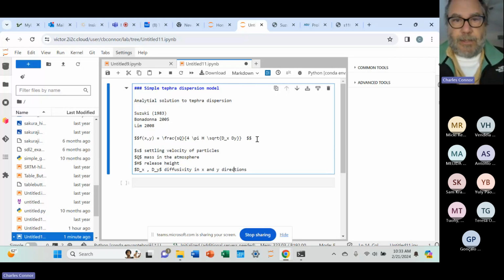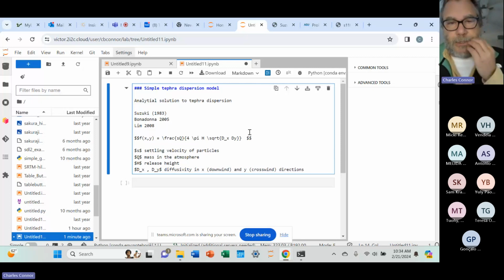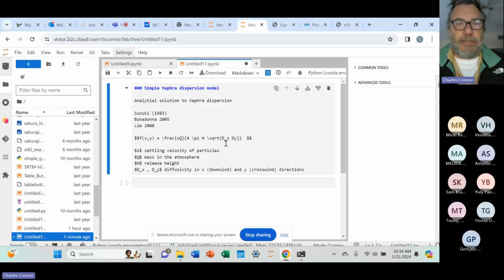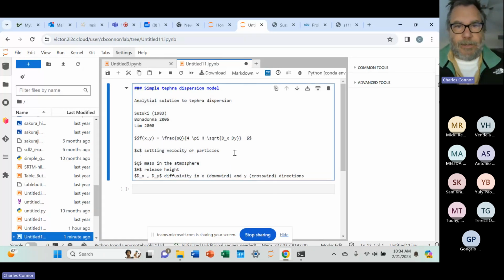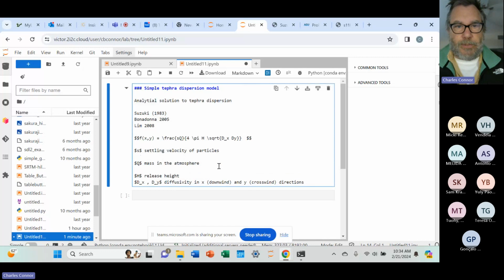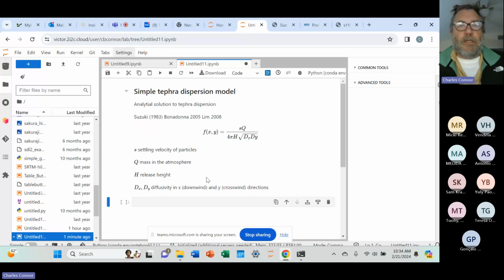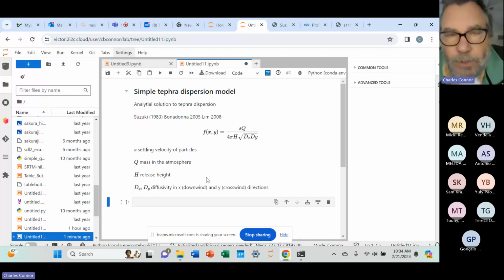And let's say y crosswind, and let's say x is downwind. That just simplifies the geometry of the calculation a little bit if I specify it in those terms. It's easier if I put spaces here, little extra returns. It makes a new paragraph and it kind of is easier to read. There we go. Okay, so those are those terms.